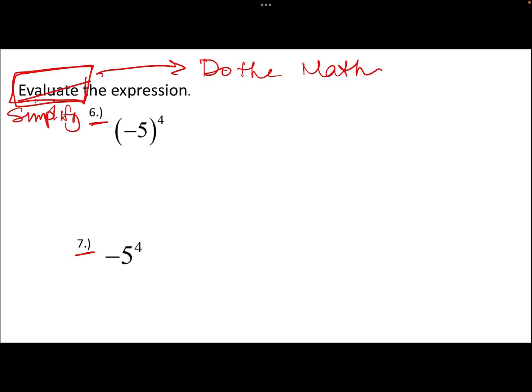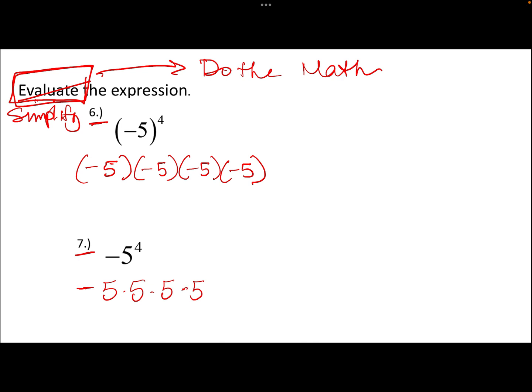In number 6, I have -5 times -5 times -5 times -5. In number 7, I have the opposite of 5 times 5 times 5 times 5.